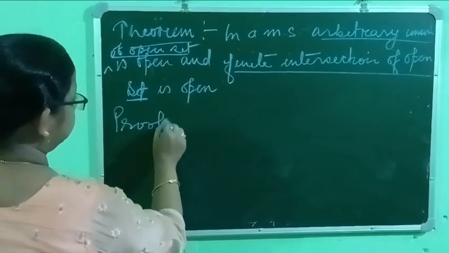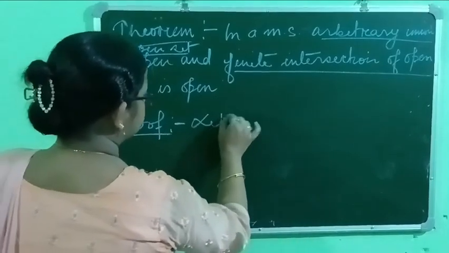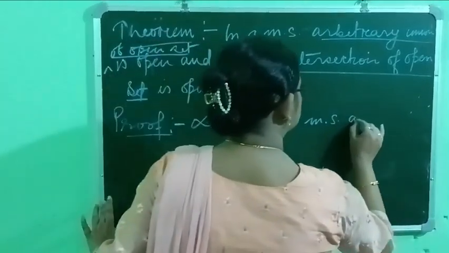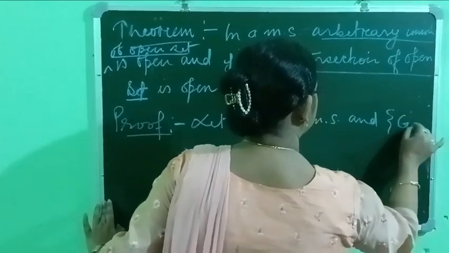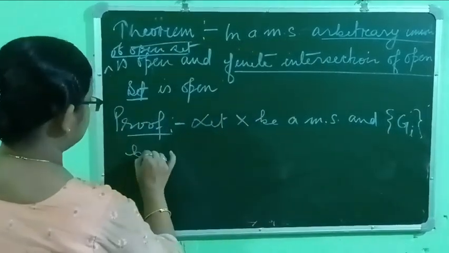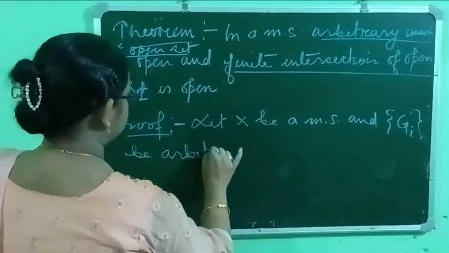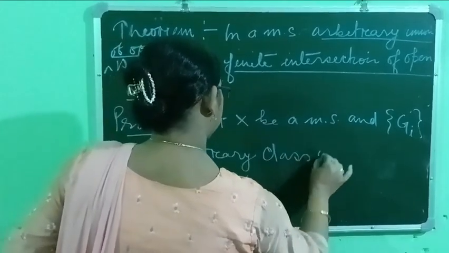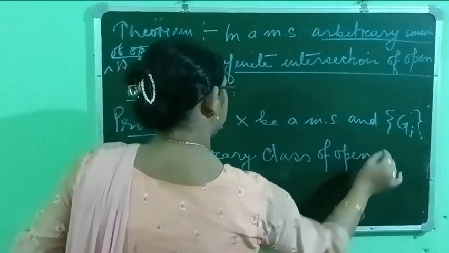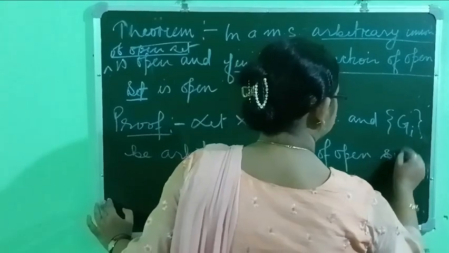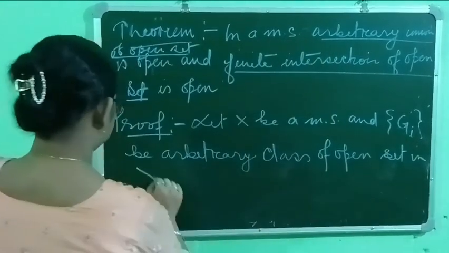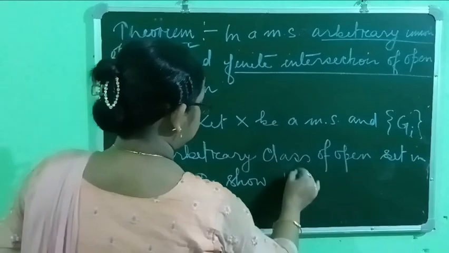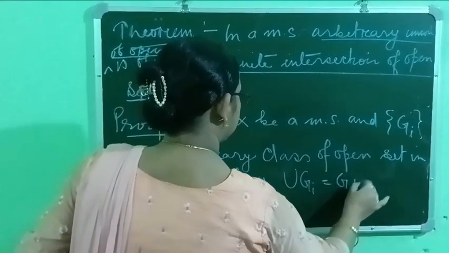Proof. Let X be a metric space and Gi be an arbitrary class of open sets in X. To show the arbitrary union of Gi, equal to G, is open.